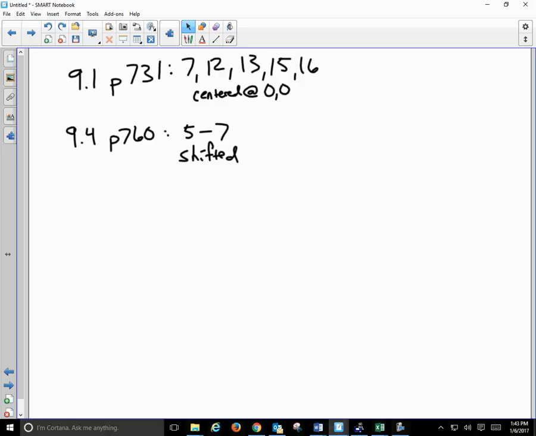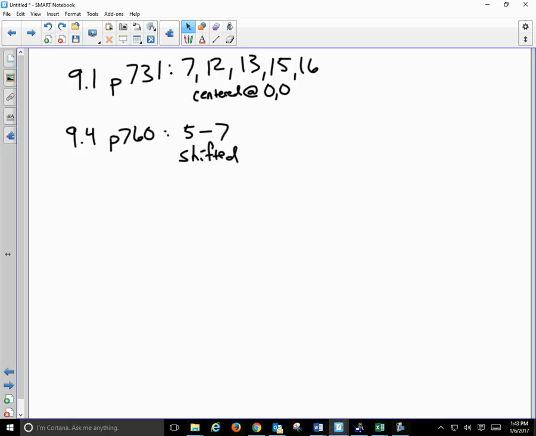I say no. 9.1 is the parabolas centered at 0, 0. 9.4 is the parabolas where they are shifted. So we'll address parabolas on one day as opposed to doing a little bit of each altogether. That's just the way I've addressed it. I think this is going to help you.